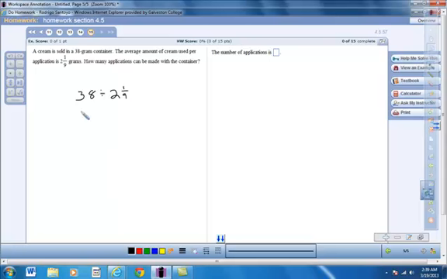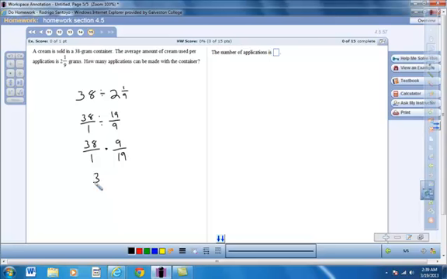Okay. We can write 38 as a fraction by putting it over 1. We change this mixed number. 9 times 2 is 18 plus 1 is 19 over 9. Remember, when we divide fractions, we rewrite the first one, change the division sign to multiplication, and we flip.